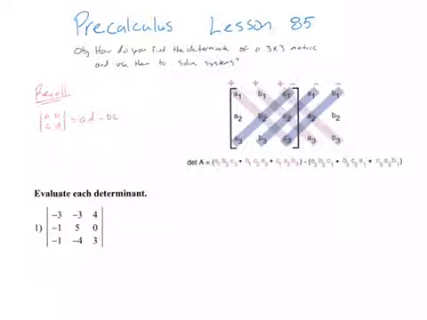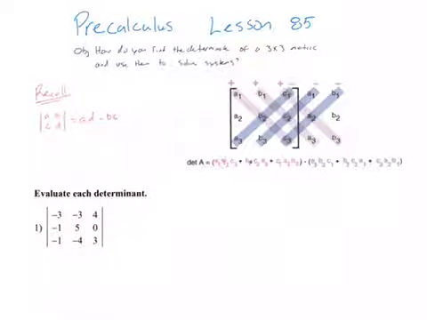It's kind of helpful to rewrite these first two columns right outside. Notice this is A1, A2, A3, B1, B2, B3, so that's just this column and that column rewritten outside. And so you do this main diagonal going down, you find the product of this times this times this, then you add the product of this times this times this, add the product of this times this times this.